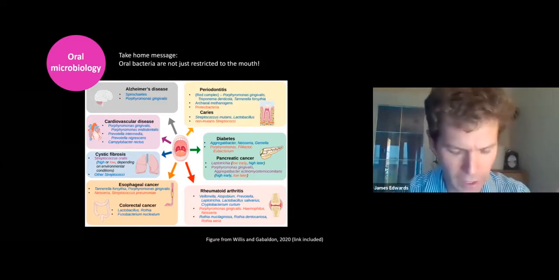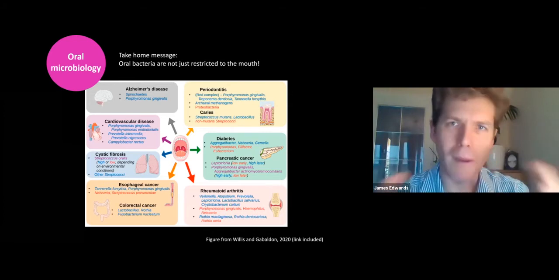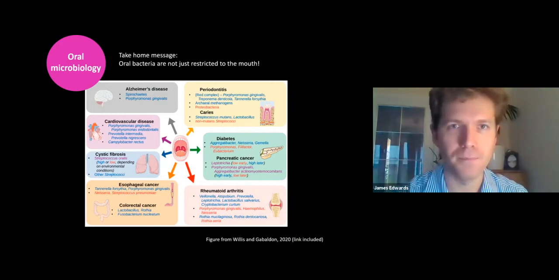So the figure that I've got here, just as a bit of reassurance, not necessarily anything to remember or take away, is just to note that the things which live inside the mouth have impacts elsewhere in the body.